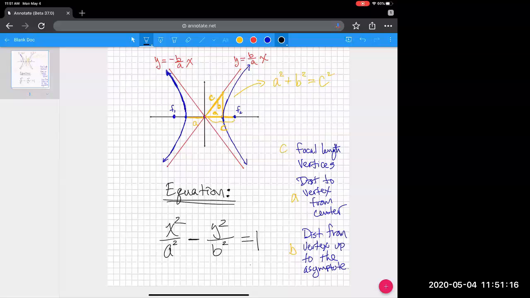You literally change the plus to a minus in the equation for an ellipse, and you get the equation for a hyperbola. That's because in one case you have a constant sum for an ellipse, so you have a sum. And in the equation of a hyperbola, you have a constant difference, so you have a difference. And everything else is the same. Whoops, minus.